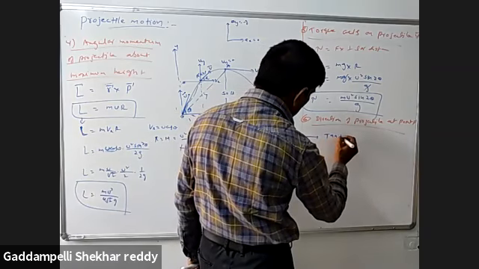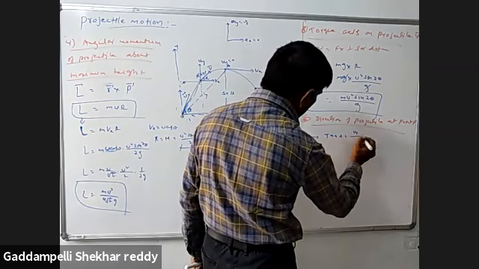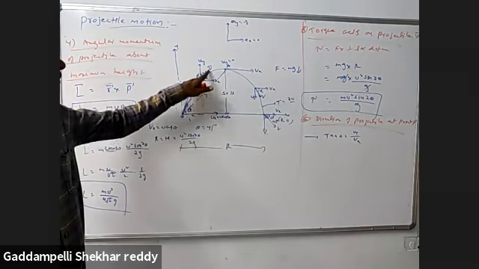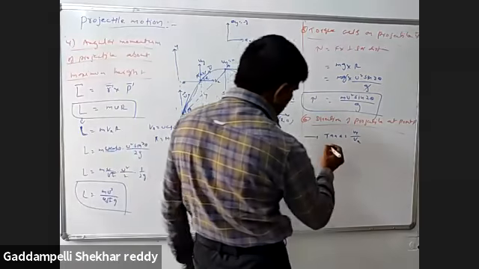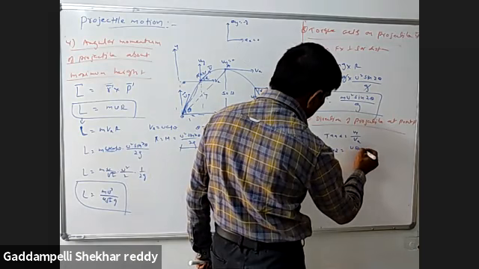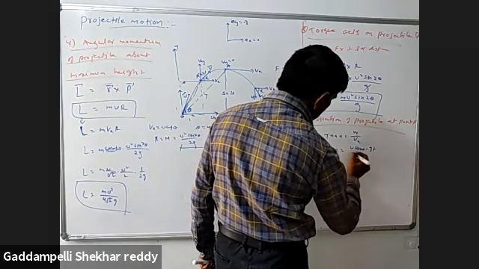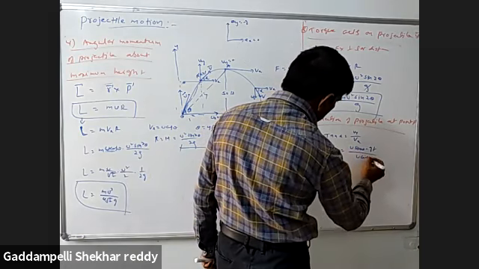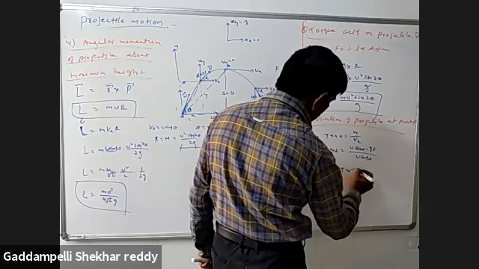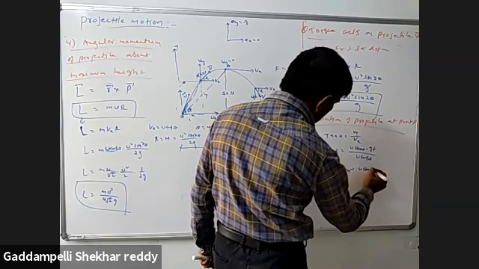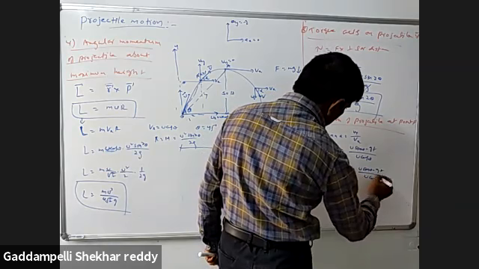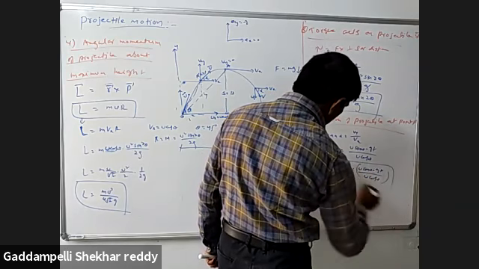At this point, tan alpha is equal to Vy by Vx, where Vy is u sin theta minus gt and Vx is u cos theta. Therefore, alpha is equal to tan inverse of u sin theta minus gt by u cos theta. So this is the direction of the projectile.